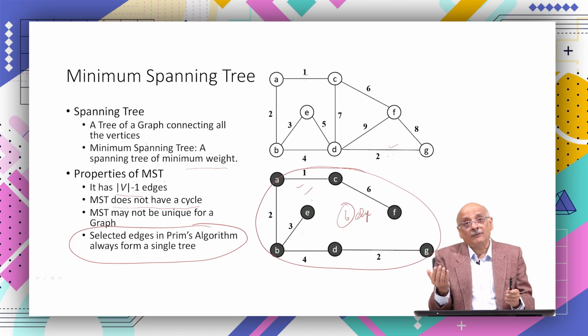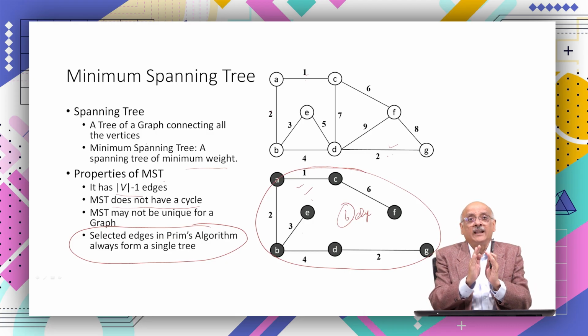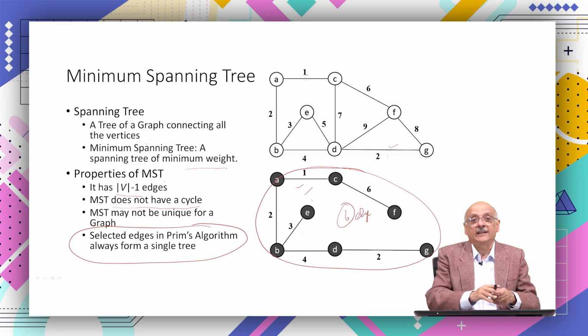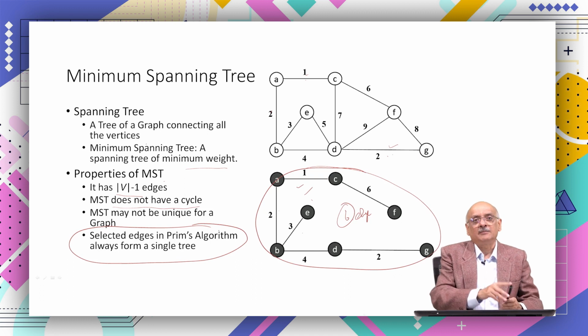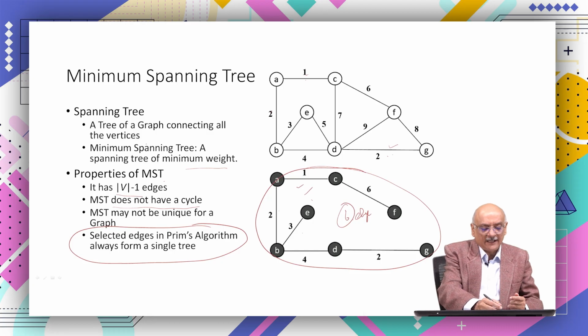However, the algorithm was such that towards the end, all those disjoint trees were combined into one single minimum cost spanning tree. However, Prim's algorithm always forms a single tree.